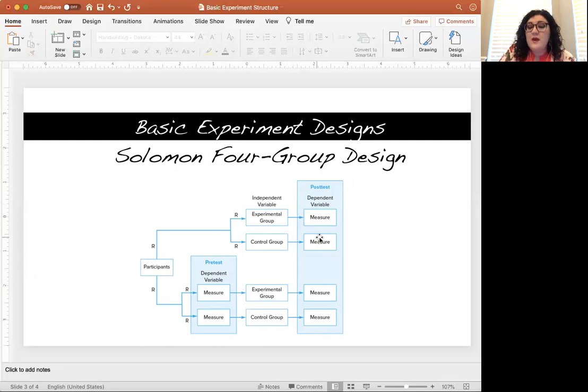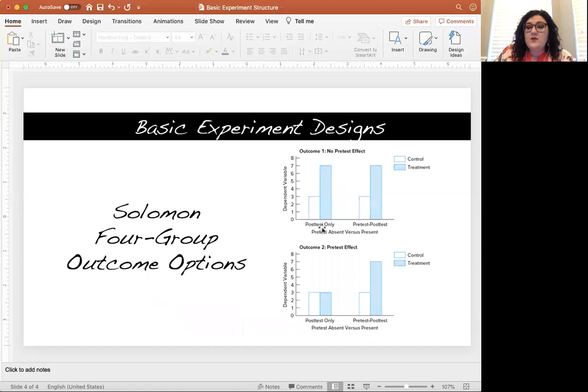So not only would you be measuring the differences between the experimental and control group, those who received the education, those who did not, but you would also be measuring between the group who received the education and had the pretest and those who received the education and did not have the pretest. And this is what those results might look like. What it's going to show us is, does the pretest have an effect on the overall outcome?